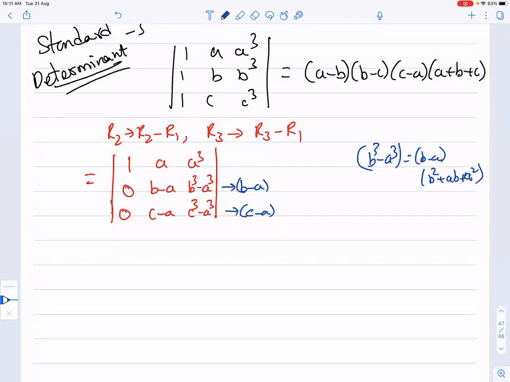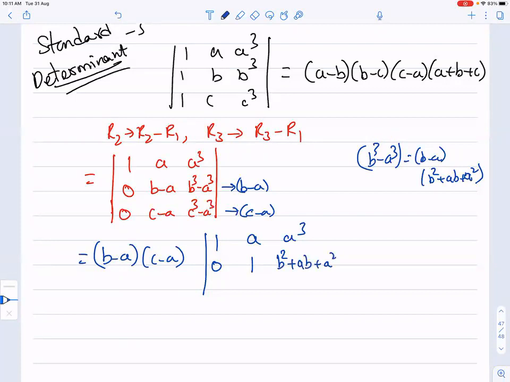So once b minus a is out, we are going to get 1, a cube; 0, 1, and b cube minus a cube, with b minus a gone, we are going to get b square plus ab plus a square. Again, 0, 1, this we are going to get c square plus ac plus a square.